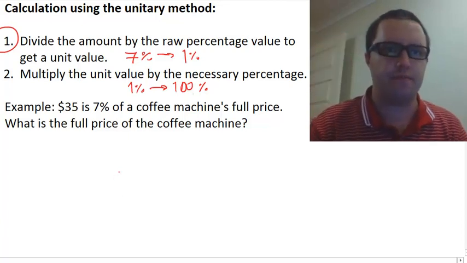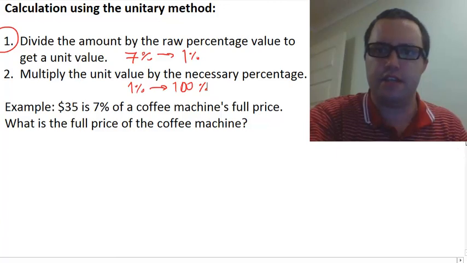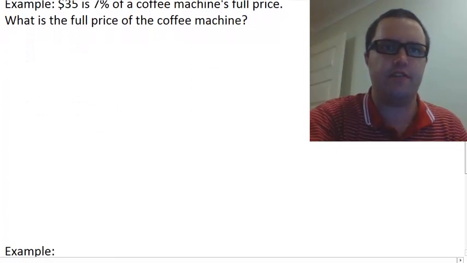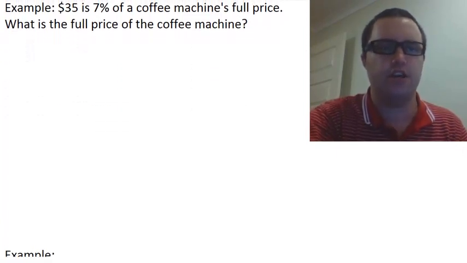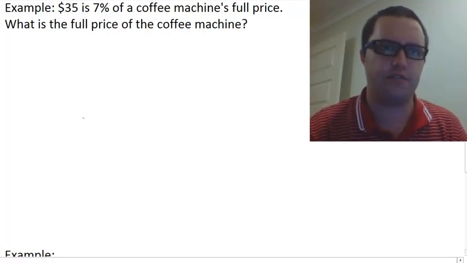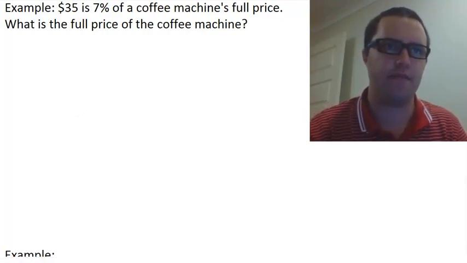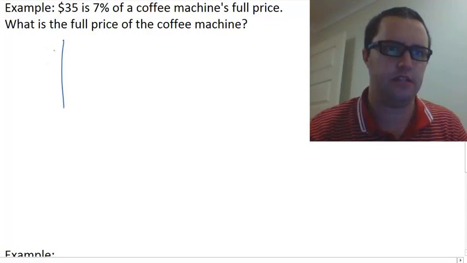Alright, so $35, our example, is 7% of a coffee machine's full price. What is the full price of this coffee machine? Now, what I want you to think about, I'm going to draw a little drawing here.